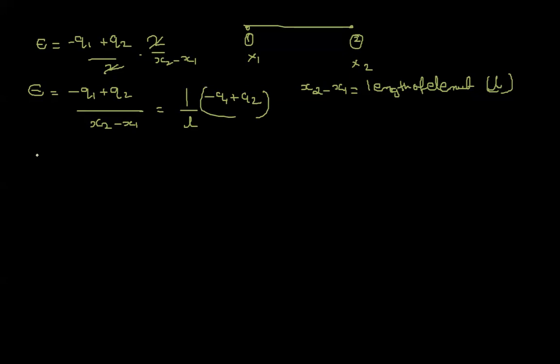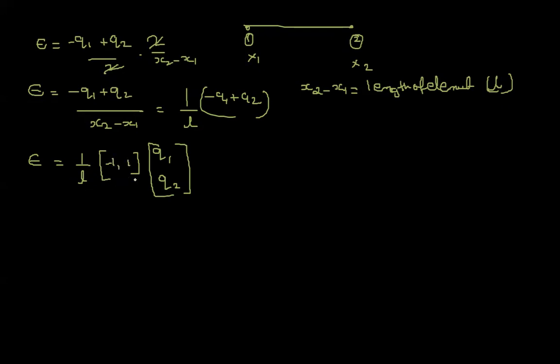Now I can write this in matrix form: 1 by L, with Q1 Q2 as a column matrix and minus 1 comma plus 1 as a row matrix.